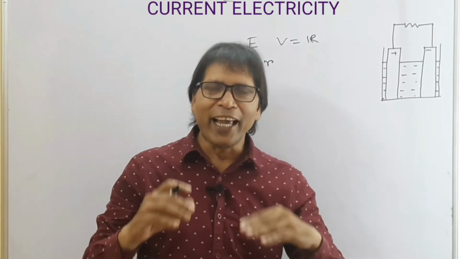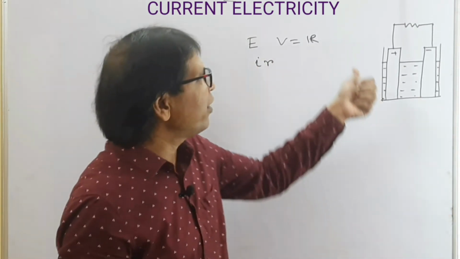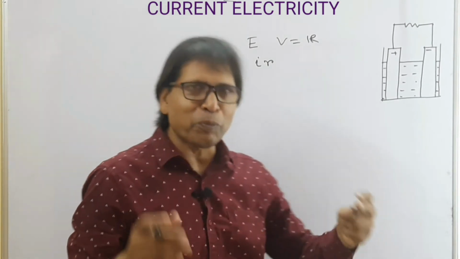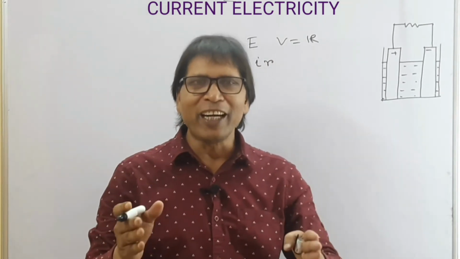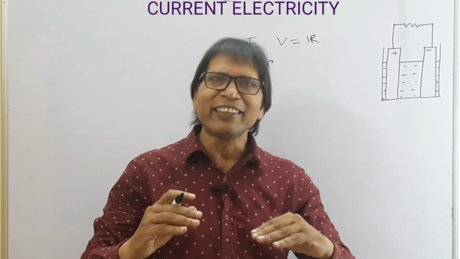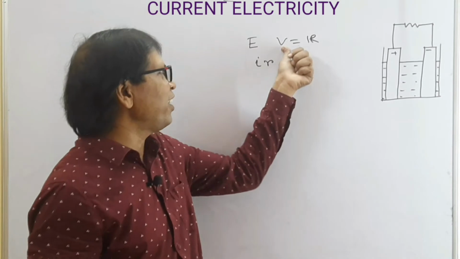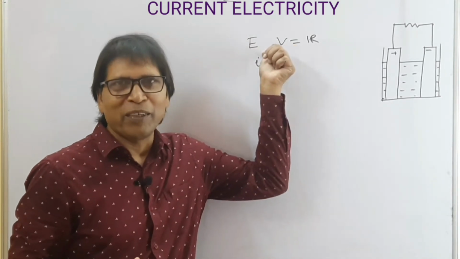When electrical energy is converted into other forms of energy, then potential difference is produced. It is measured with the help of a voltmeter. And when a cell supplies current, the terminal potential difference is less than EMF.